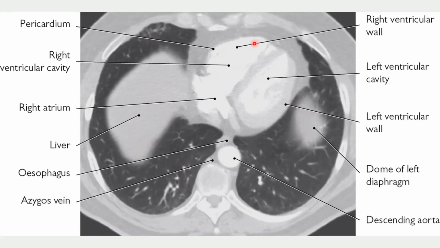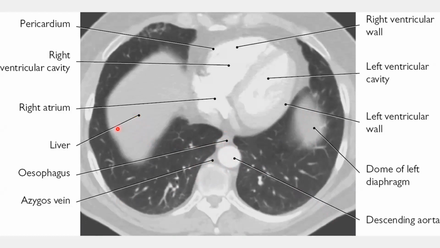Yes, so here, right ventricle, left ventricle wall, the left diaphragm. This is the descending aorta. And there is a small vein here. There is the azygos vein on the posterior mediastinum here. Then you have the esophagus, a bit anterior to the descending aorta.